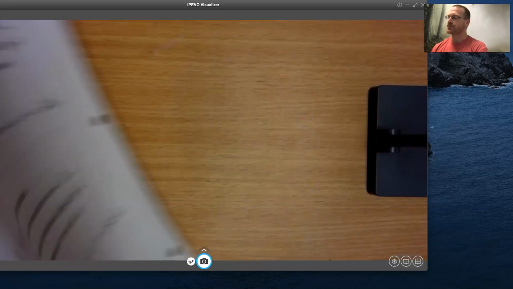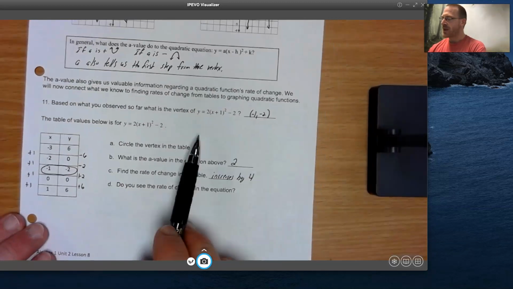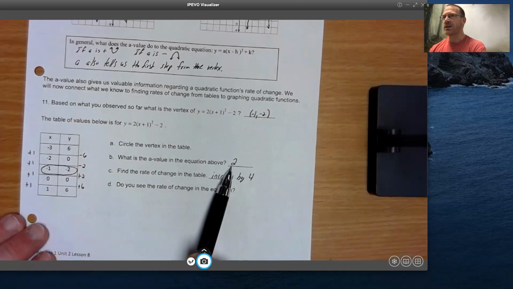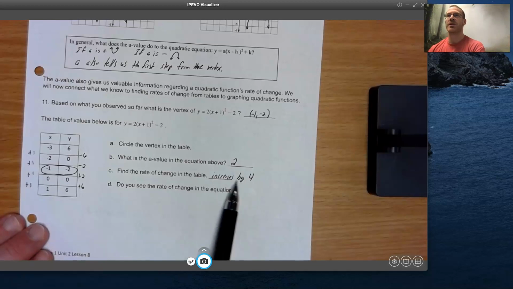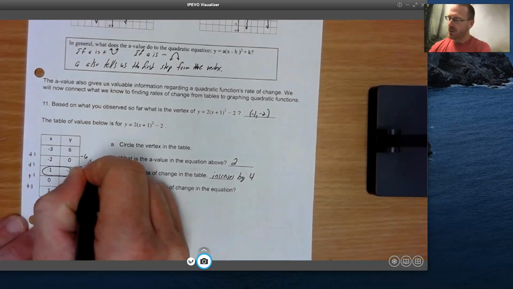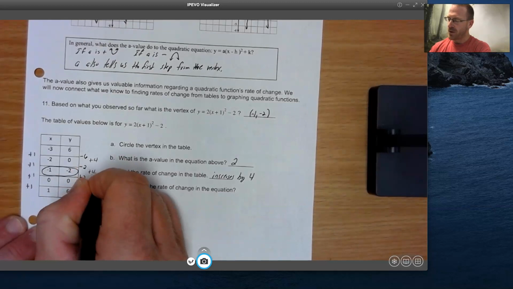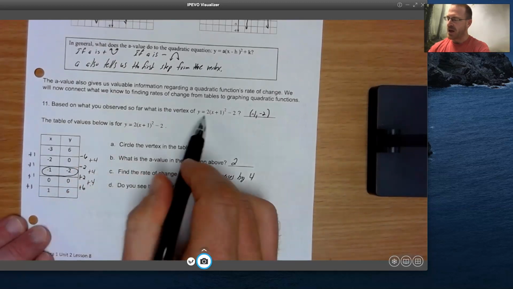One is, if I go back, the A value is always, and I know some of you are thinking it, I can feel your future selves telling me, half of this number. So it's going up by 4, right? So +4, +4, +4, my A value is 2.